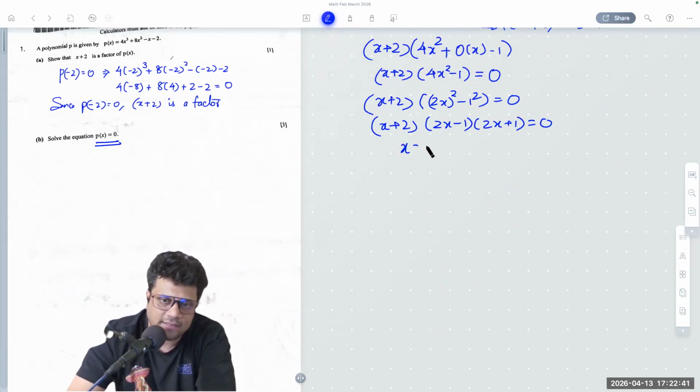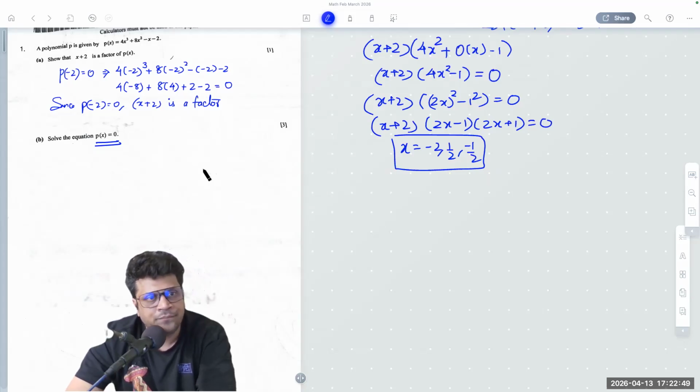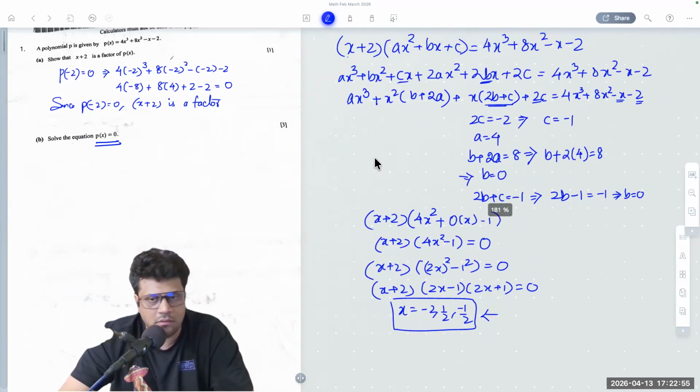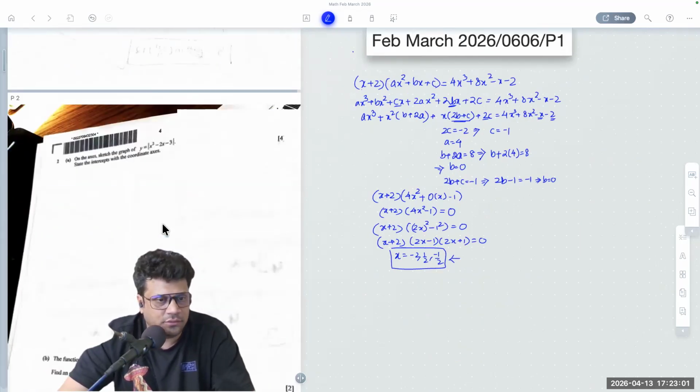So I'm looking at x equal to minus 2, 1 by 2, and minus 1 by 2. Well, those are your solutions. Okay, so that was question 1 part B. Okay, now let's go do the other one.